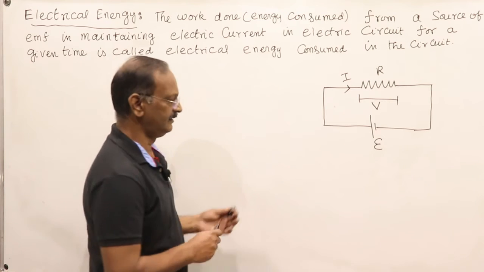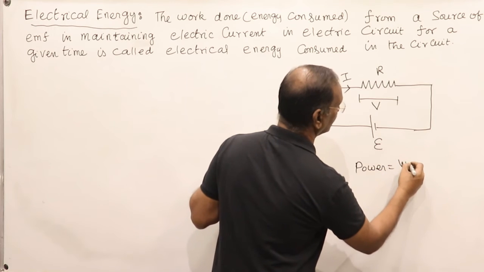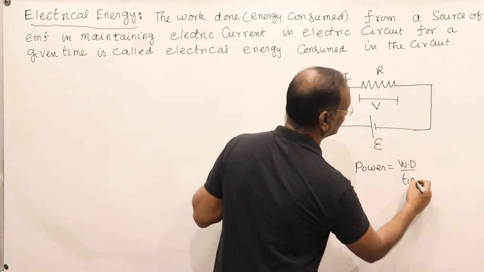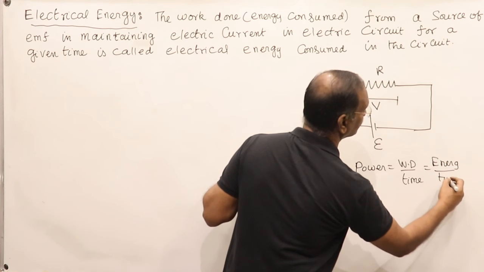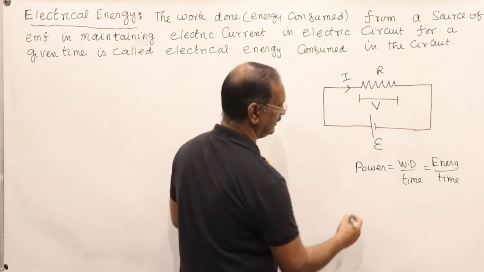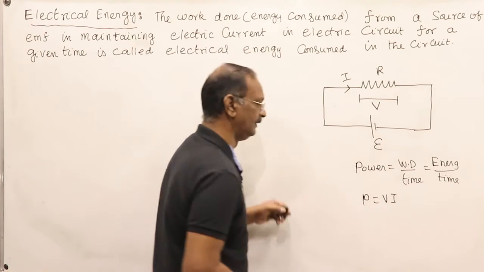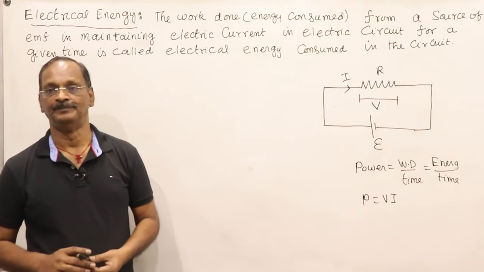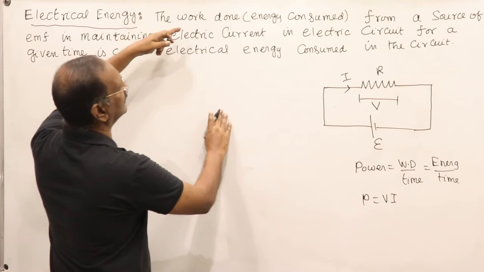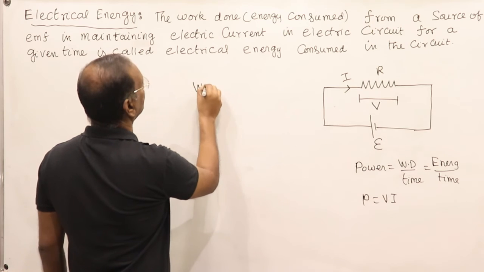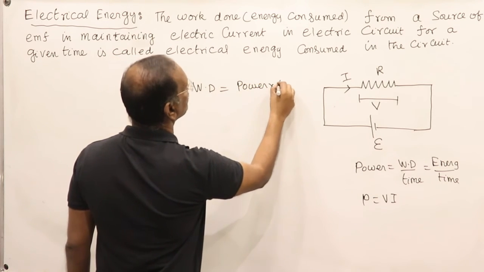Now, we have seen power is equal to work done by time. That work done is nothing but energy per time, and we have already read power is equal to potential difference into I. So work done from a source can be written as power into time.